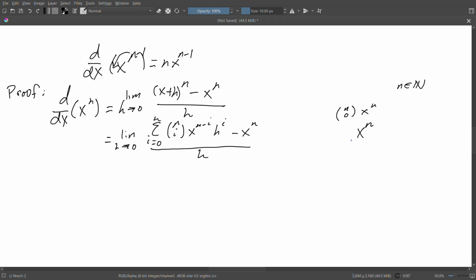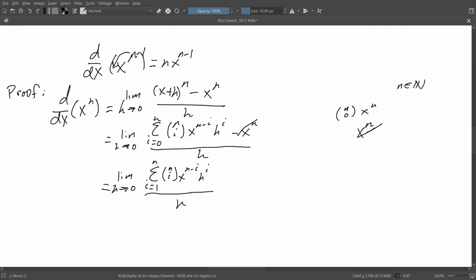So this is important because we get x to the n for the i equals 0 term, but we're minusing an x to the n. So then these two are just going to cancel out. So then what this means is that I get the limit as h approaches 0 of the sum from i equals 1 to n of n choose i of x to the n minus i times h to the i.